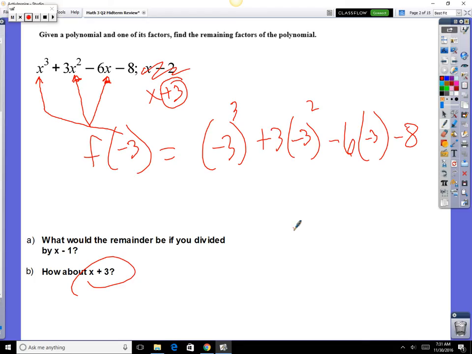So, here we go. Parentheses negative 3 cubed. Plus 3, parentheses, negative 3, parentheses, squared. Minus 6, parentheses, negative 3, parentheses, minus 8. So if I hit all that in and hit enter, it gives me that all equals 10.